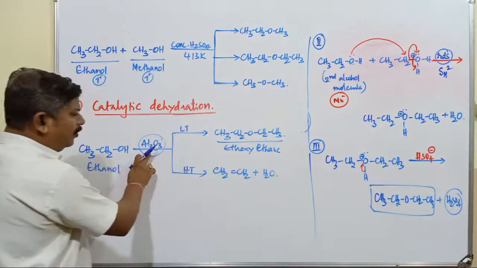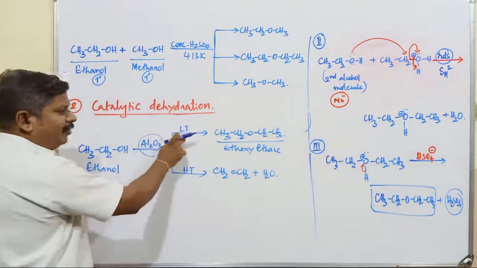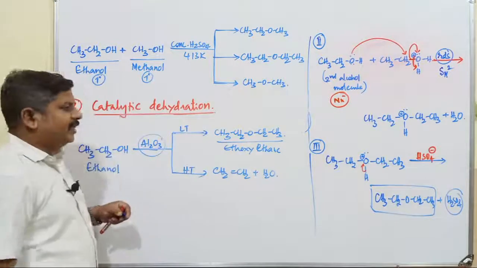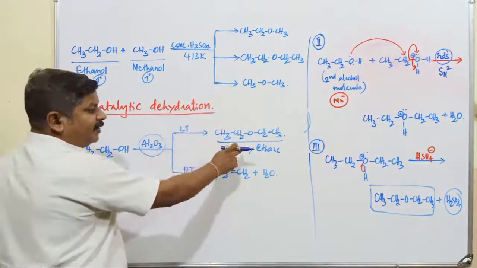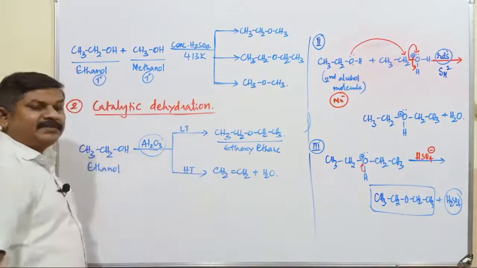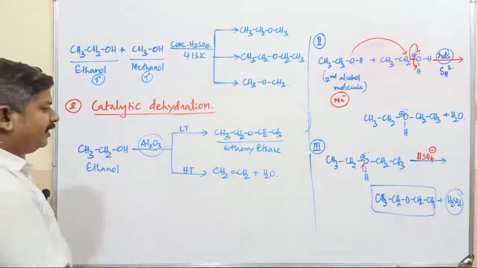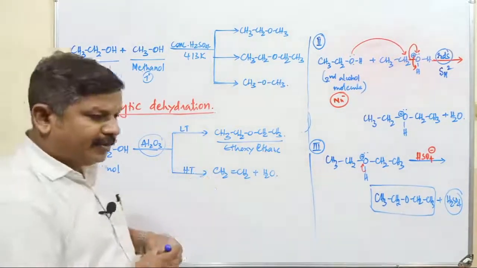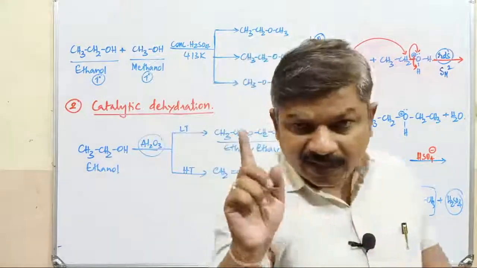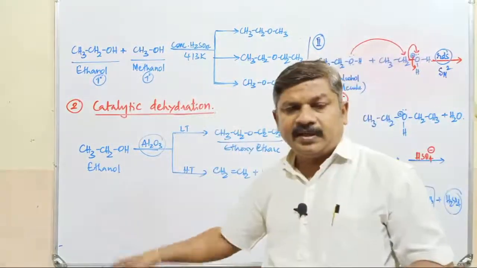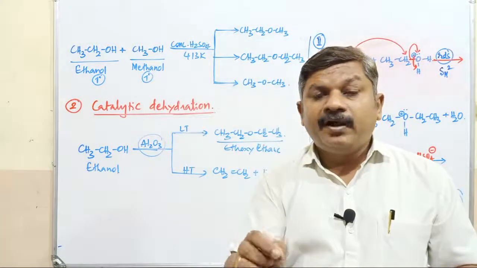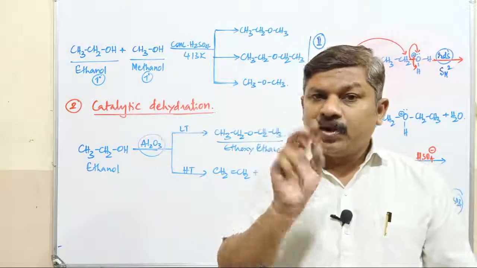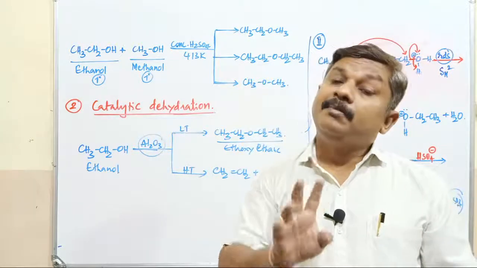Instead of Al2O3, if you are using H2SO4 at low temperature, it gives the same ethoxyethane. At 413 K it gives ethoxyethane, and at 443 K it gives ethene, that is, formation of an alkene takes place. As I mentioned earlier in the beginning of this method, dehydration of alcohol always gives two compounds depending upon the temperature.